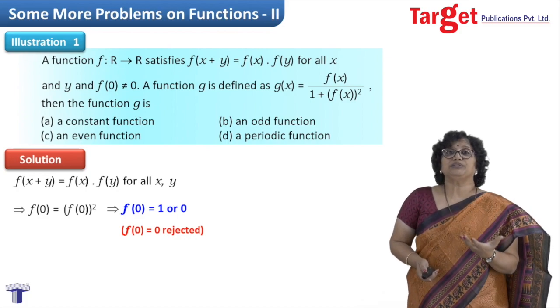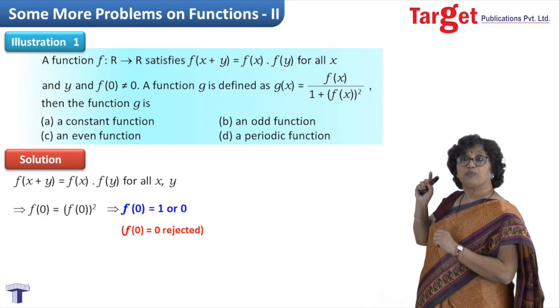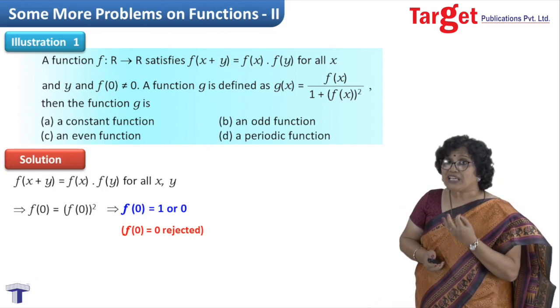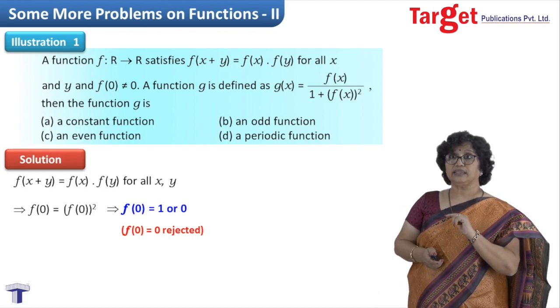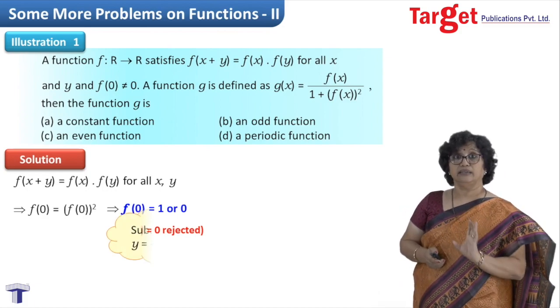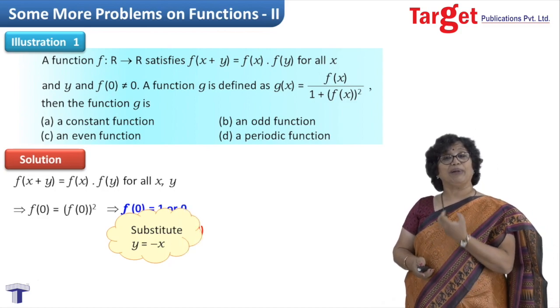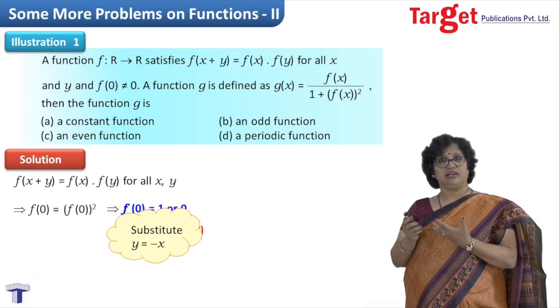Now how do I use this f(0)? Now the equation is f(x+y) = f(x)·f(y). Now x+y suggests to me that if I replace y by -x, I can create 0 inside. And hence, I would like to substitute y = -x. These are the tips on how you attack a functional equation.